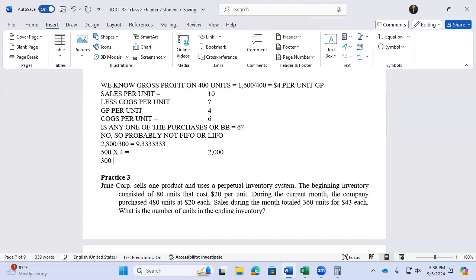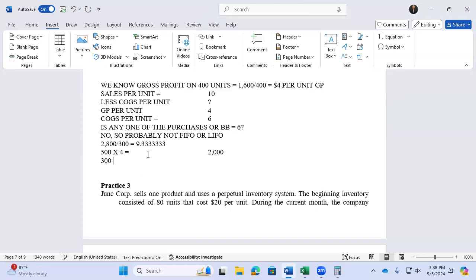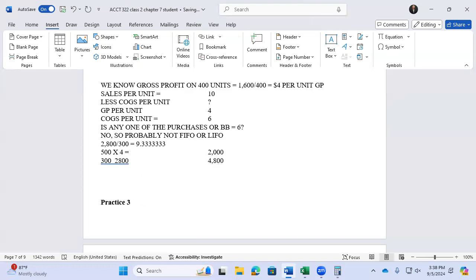Then we had 300 at 2,800, and the total is 4,800. Now you can divide that by the number of units. We had 800, so that equals $6 per unit. So in this case, it's weighted average.